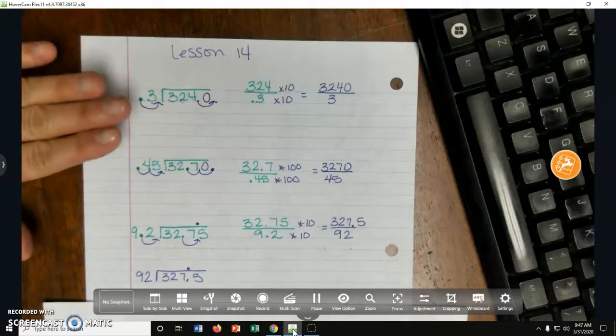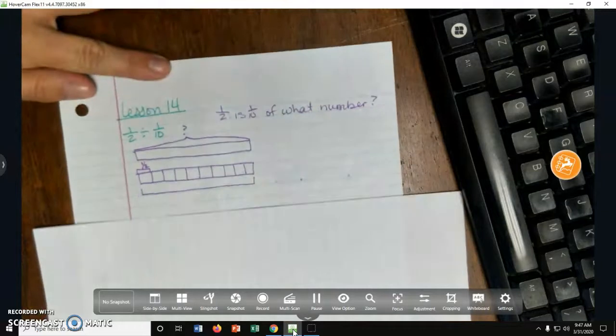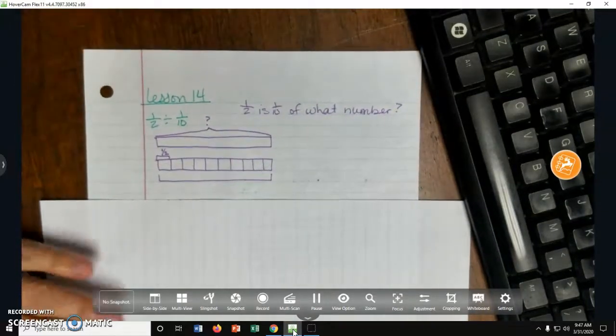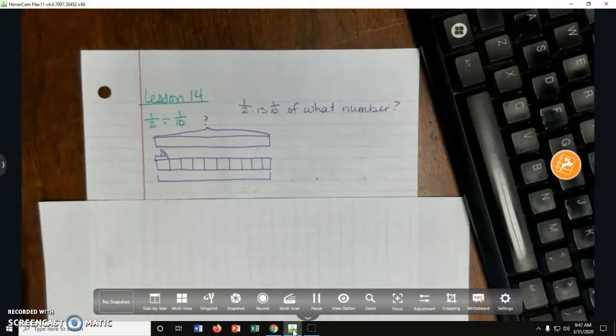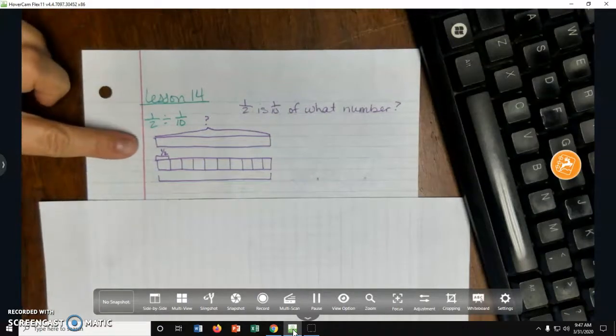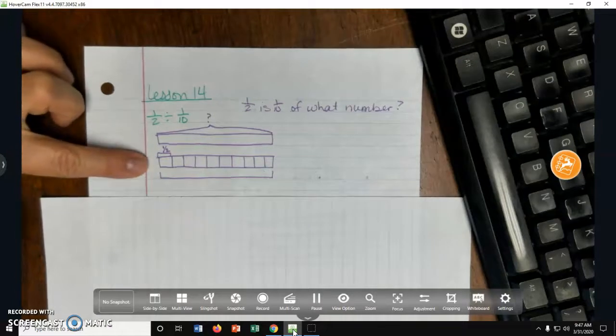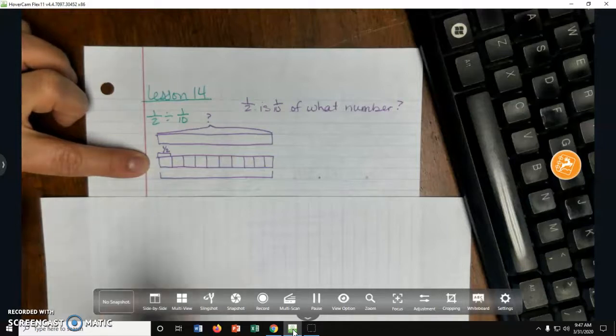All right, going ahead and getting into our actual lesson. To start us off, we are looking at the problem 1/2 divided by 1/10. This is really asking, 1/2 is 1/10 of what number? If we show this with a tape diagram, we're starting with our whole, looking at this as being 1/2. 1/2 is 1/10 of what number?